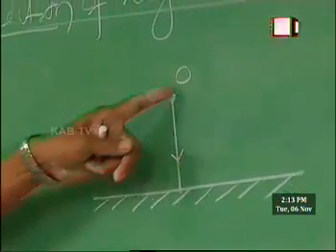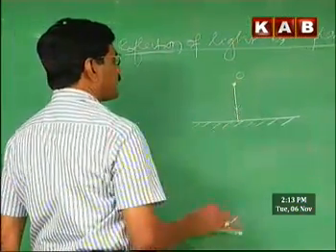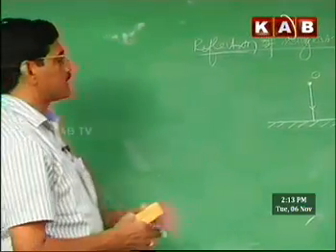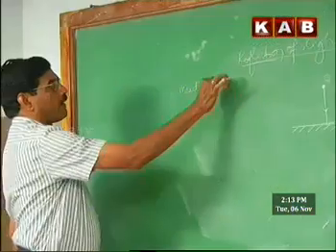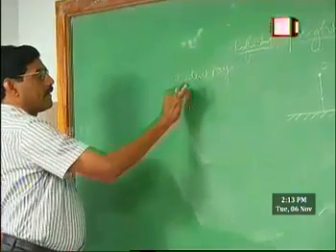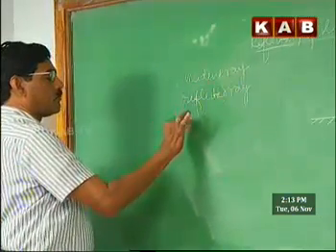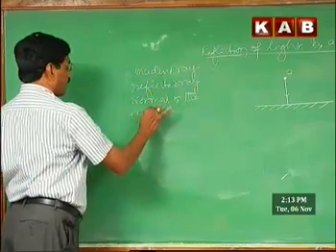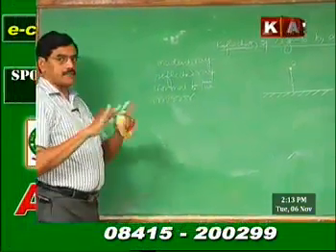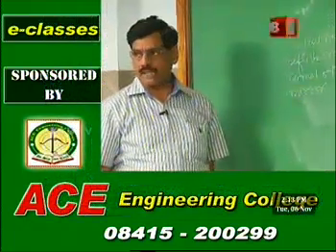In this case, the ray is incident here, and the angle of incidence is 0. What happens according to the laws of reflection? The incident ray, reflected ray, and normal to the mirror all lie in the same plane, with angle of incidence equal to angle of reflection.